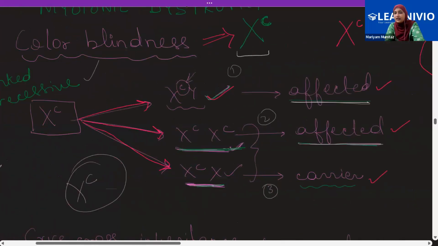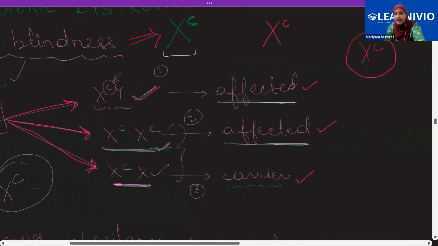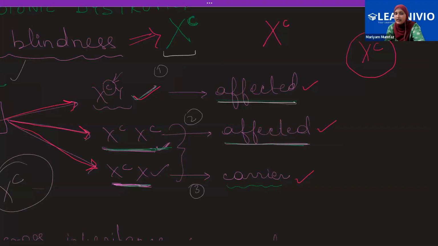So in this case, XCY is an affected male, XCXC is an affected female, and XCX is a carrier female. Now, can someone tell me why XCY is an affected male? Why is he not a carrier? Why is he affected?